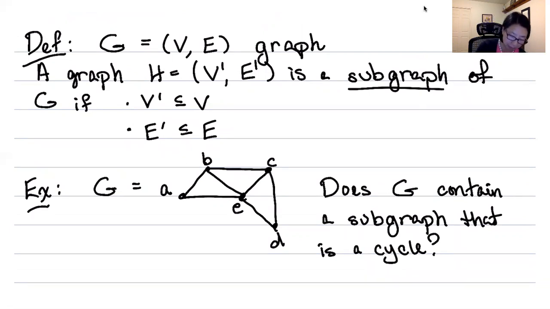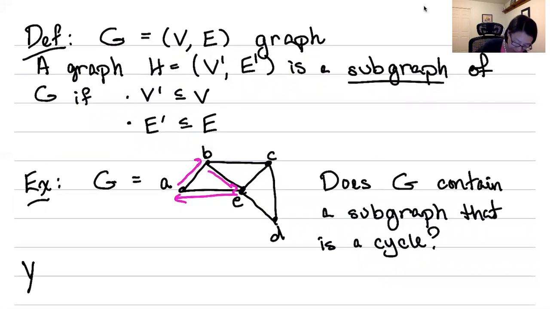So for example, there's a cycle that starts at A, goes to B, goes to E, and goes back to A. That's one cycle. So does G contain a subgraph that's a cycle? Yes. A, B, E, A is a cycle.